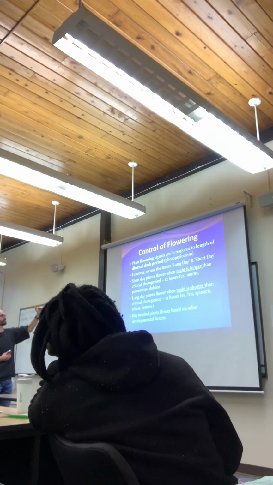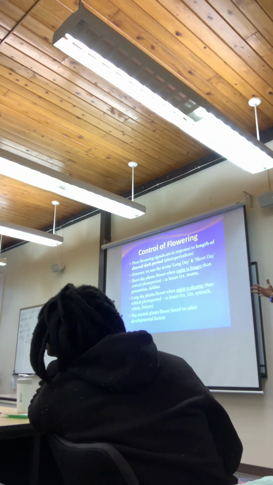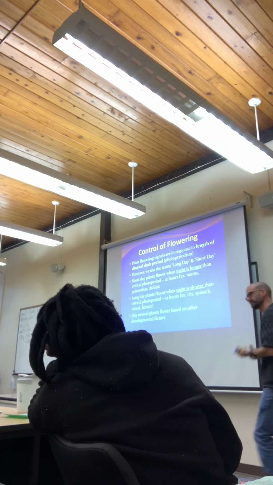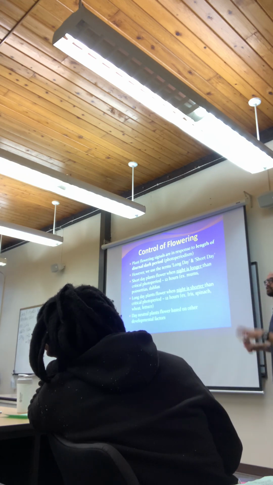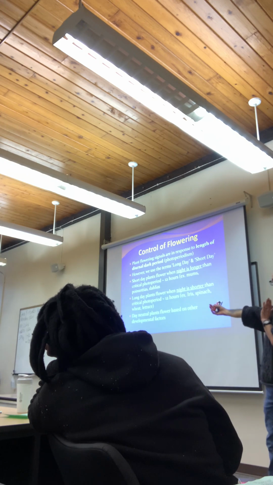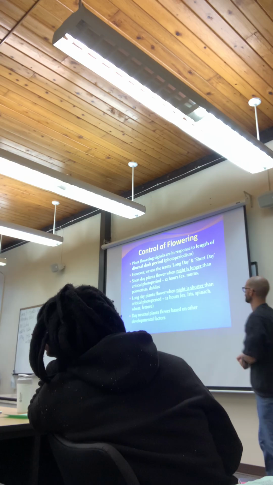So they sense the dark period, and some respond to flower when it's long night, some when it's short night, and some plants are day neutral, and they flower based on total degree day development or some other environmental factor that's not just the quantity of light as it changes.